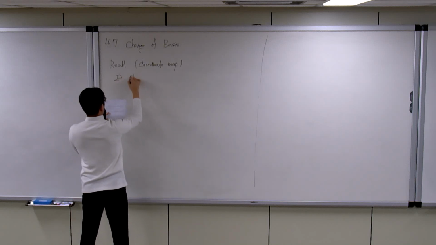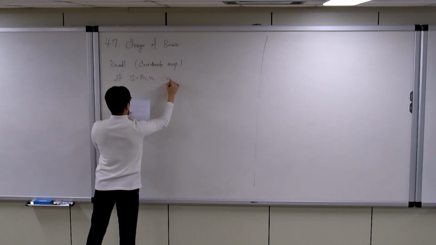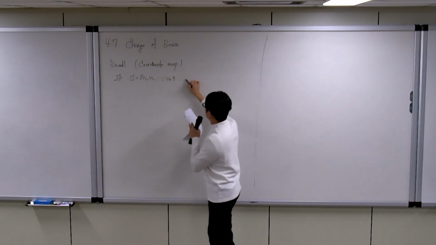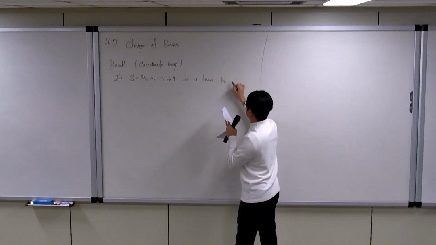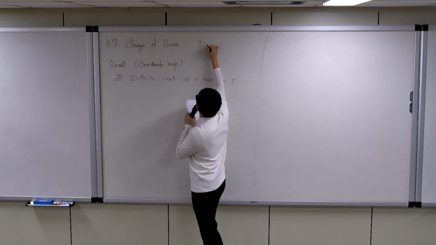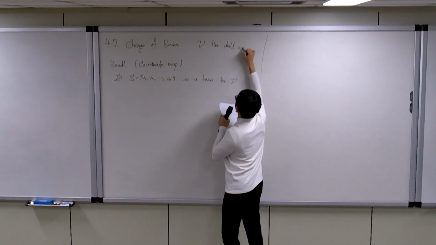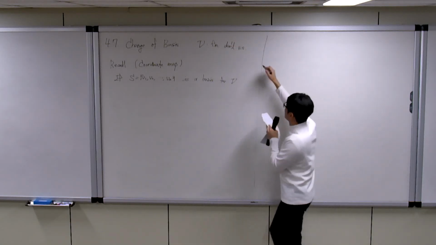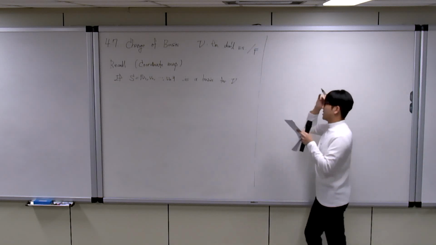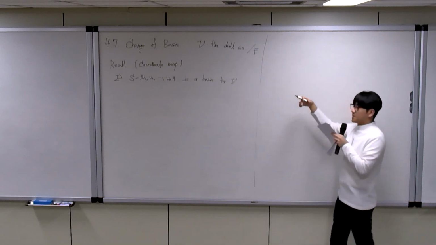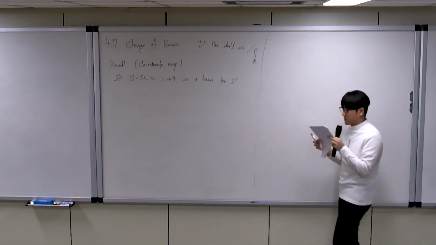If you have a basis S = {v1, ..., vn} for V, a finite dimensional vector space over field F. I think here we do not need to consider what the field is, and simply it is easy to understand that the field is just the real numbers.